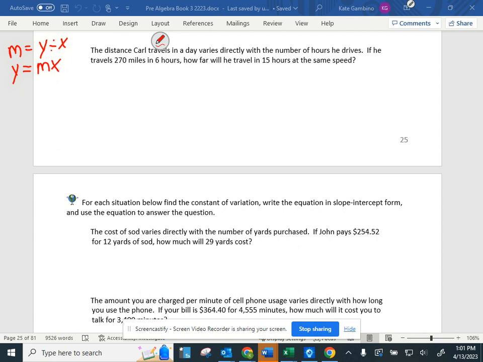What's the x and what's the y? Emily: Y is the distance Carl travels, and the x is the number of hours. The y varies directly by the x. Okay, so our y is the distance, the miles. So when I see miles, I know that's my y.